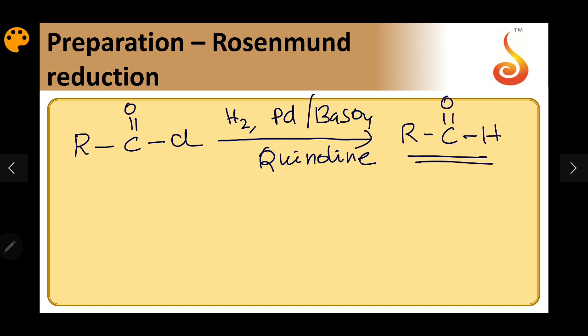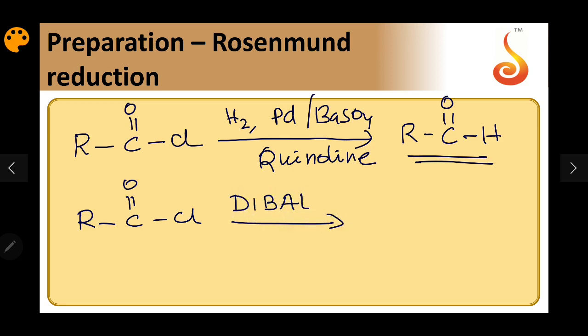The aldehyde is not further reduced to alcohol because of deactivated palladium as catalyst. This is Rosenmund reduction. The same reaction can also be achieved by using DIBAL-H, diisobutyl aluminium hydride. DIBAL-H will also give aldehyde as the product. It's a milder reducing agent compared to aluminium hydride or lithium aluminium hydride.